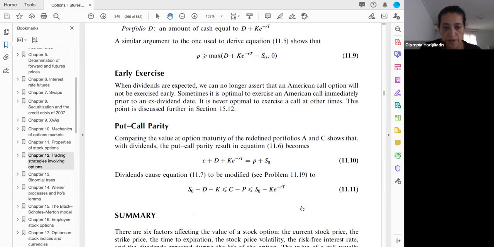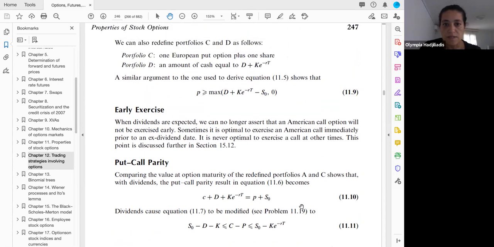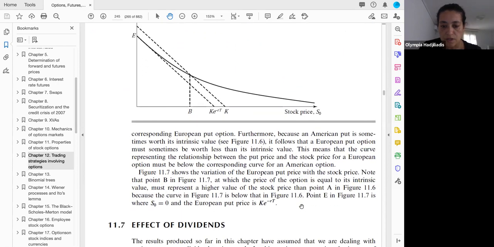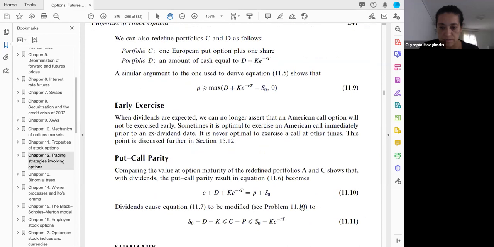Put-call parity: comparing the value at option maturity of the redefined portfolios A and C shows that with dividends, the put-call parity result in equation 11.6 becomes, using the exact same argument as before, with portfolio C being one European put option plus one share, and portfolio A being one European call plus an amount of cash equal to D plus K e to the minus RT.